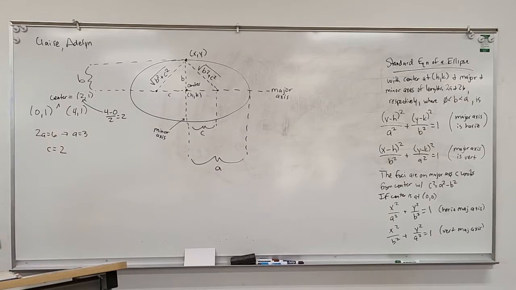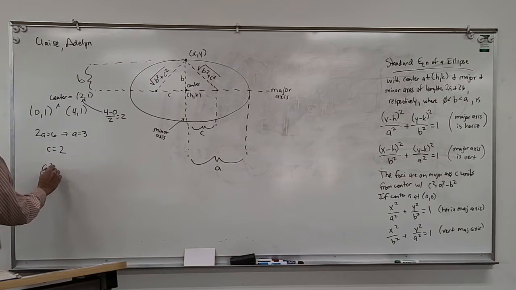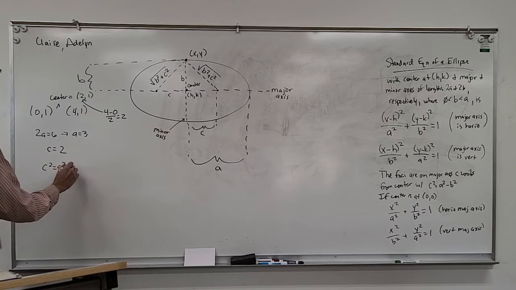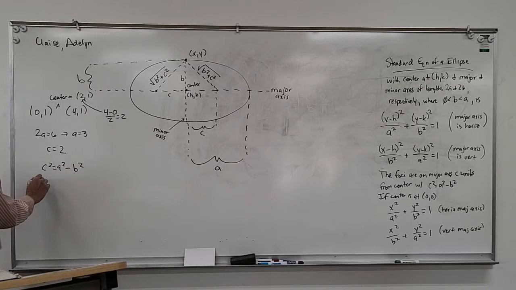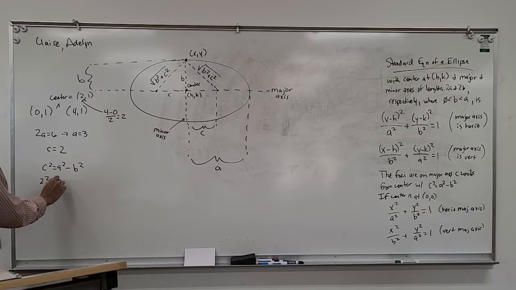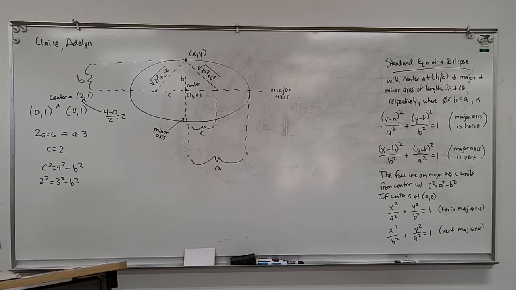So c equals 2, and we use our formula c squared equals a squared minus b squared to say that 2 squared equals 3 squared minus b squared, or 4 equals 9 minus b squared. So subtracting 9 from both sides, b squared equals 5, and b equals the square root of 5.